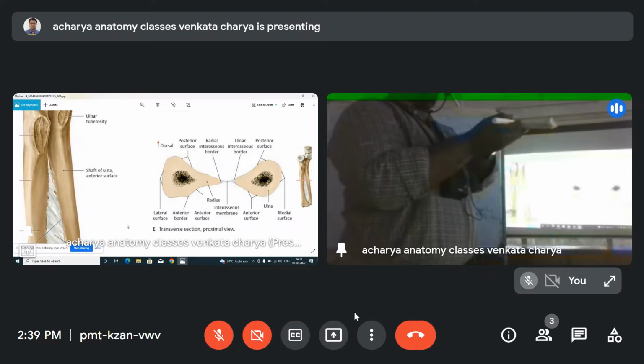See here, this one is the flexor retinaculum. It passes beneath the flexor retinaculum, meaning it runs from under it. Okay?